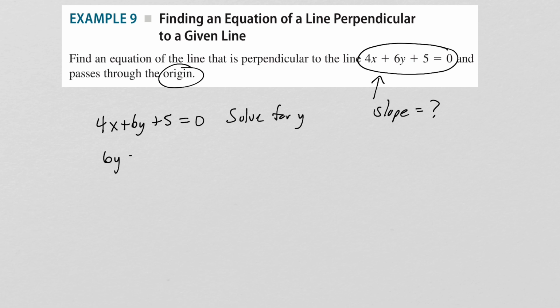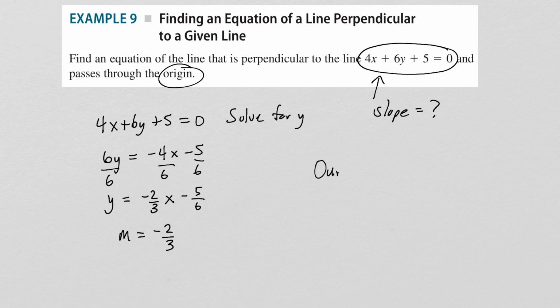Solving for y gives us 6y equals -4x minus 5. And then dividing everything by 6, we get y equals -2/3 x minus 5/6. I believe this is the same line that we solved for in a previous example. So the slope of this line clearly is -2/3.